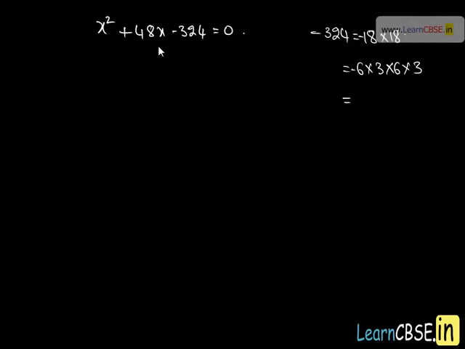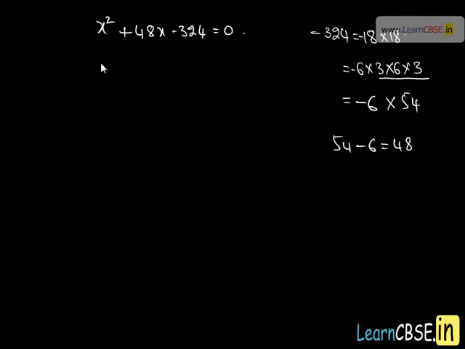We have to take factors in such a way that the sum or difference is equal to the coefficient of x. So we take negative 6 as it is and we multiply the rest, and 3 times 6 is 18, 18 times 3 is 54. By adding this 54 to negative 6, we get 48. It is equal to our coefficient of x.